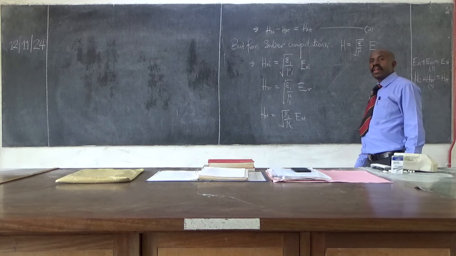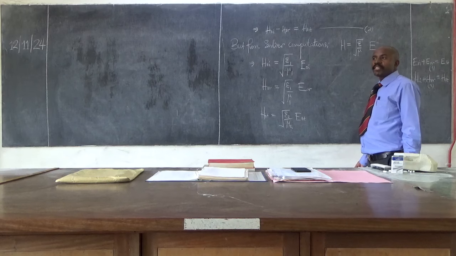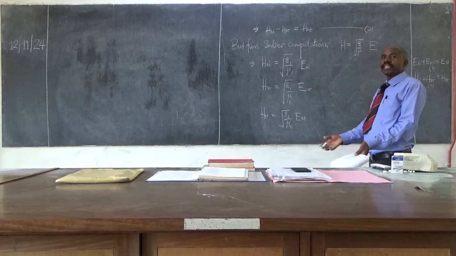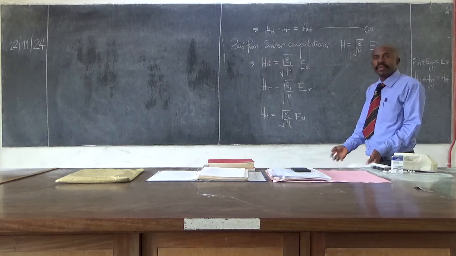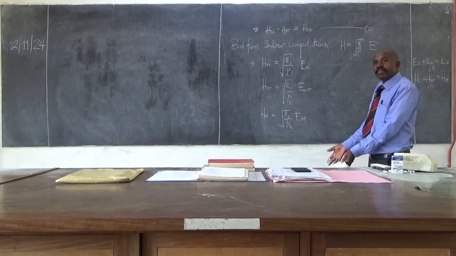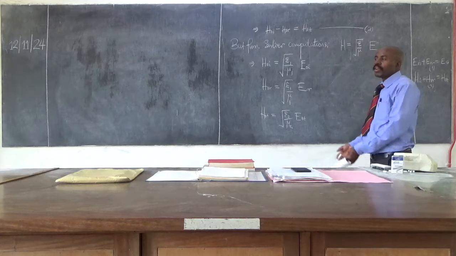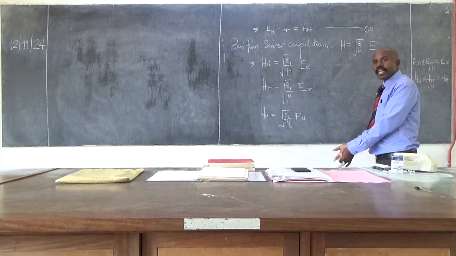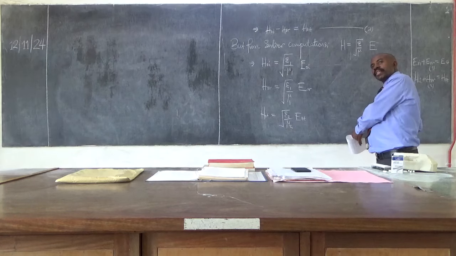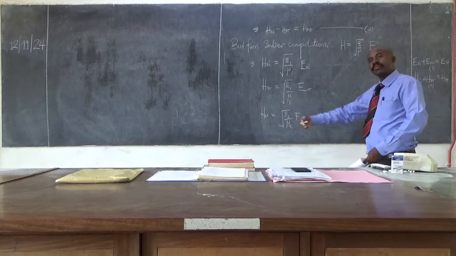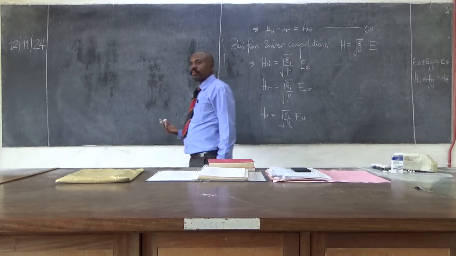I'm just expressing what is going on. We are getting the amplitude of the incident H plus reflected H should be equal to the transmitted part. And when it was reflected, the amplitude was in the other direction. So that's how the minus comes.